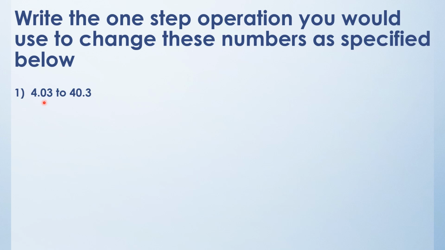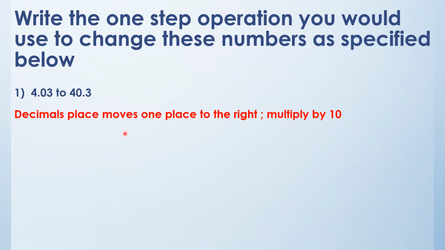One place is moved towards the right. So we can say the decimal point moves one place to the right when we multiply by 10. So let us multiply 4.03 by 10. At first multiply, ignoring the decimal point, 4030, and put the decimal after two decimal places. So your final answer is 40.3. It means that the one operation is multiply by 10.